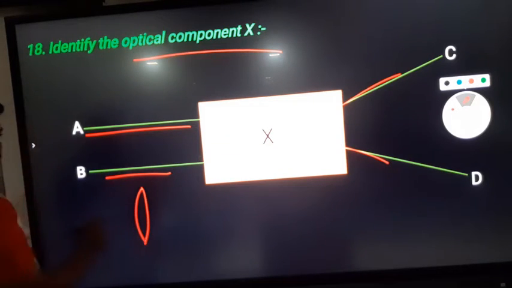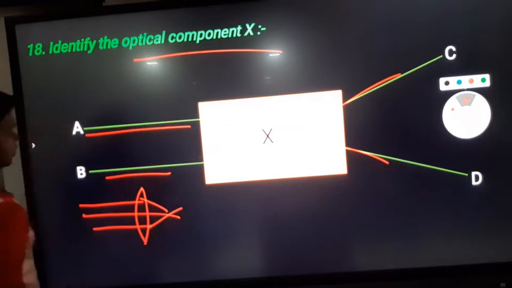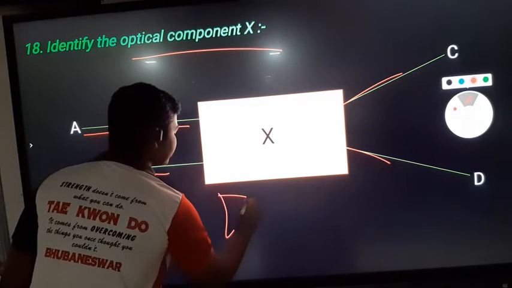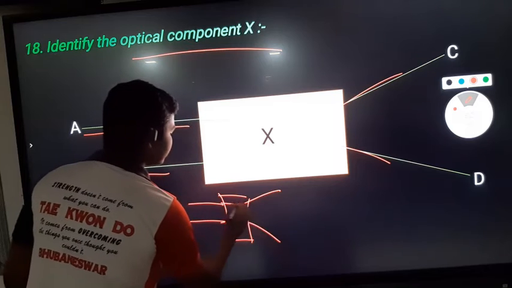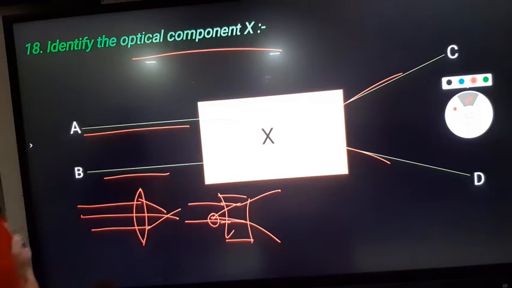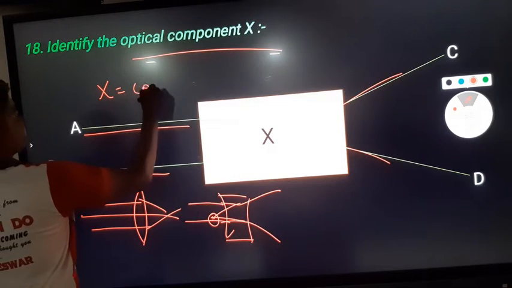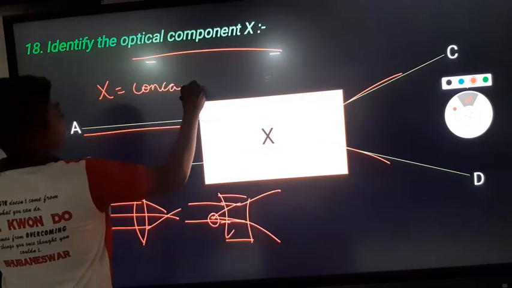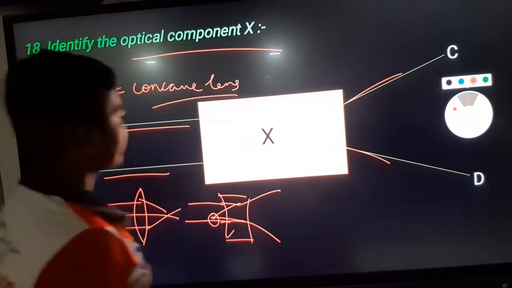A convex lens converges the rays, so we will take a concave lens. In a concave lens the rays diverge. So we can directly take x equals concave lens. Let us see the next question.